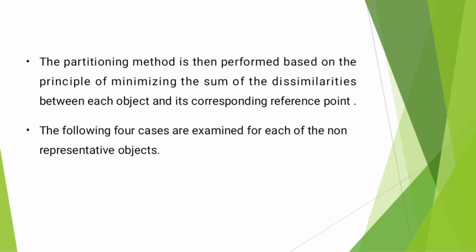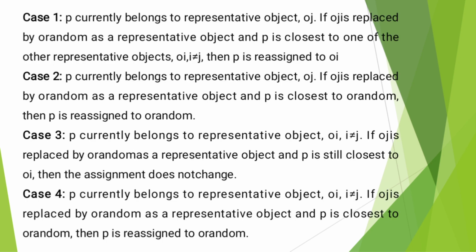The following four cases are examined for each of the non-representative objects. Case 1. P currently belongs to representative object OJ. If OJ is replaced by O random as a representative object and P is close to one of the other representative objects, that is OI, then P is reassigned to OI.